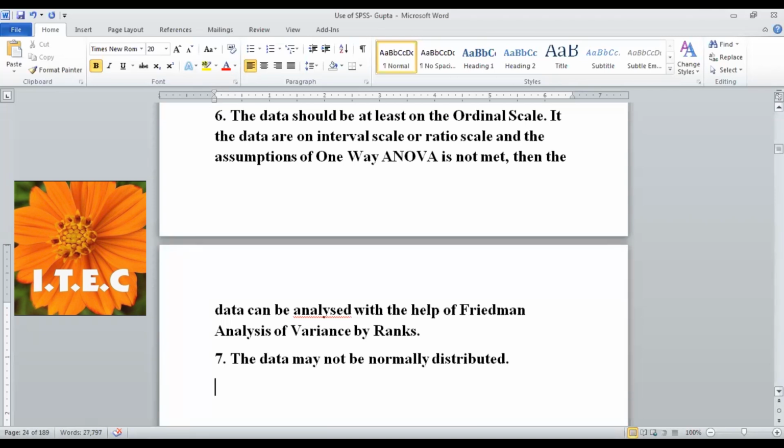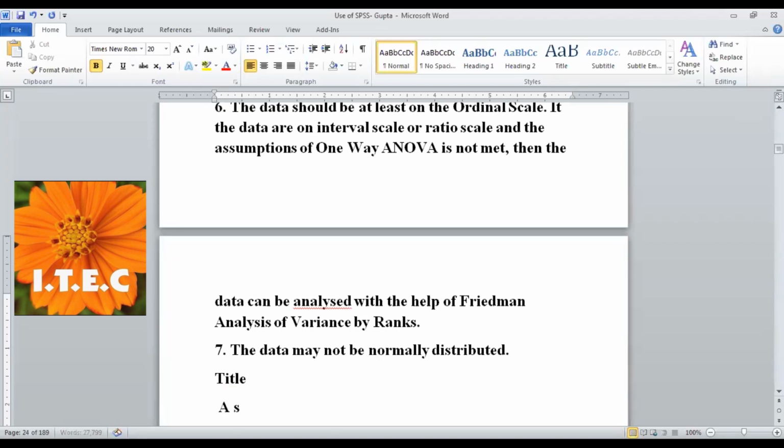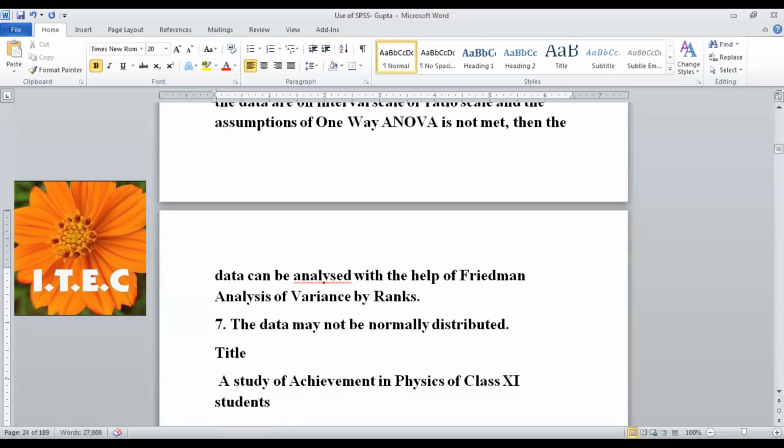Now, let us take one title. Suppose I say: a study of achievement in physics of class 11 students of public schools of, say, Ajmer.